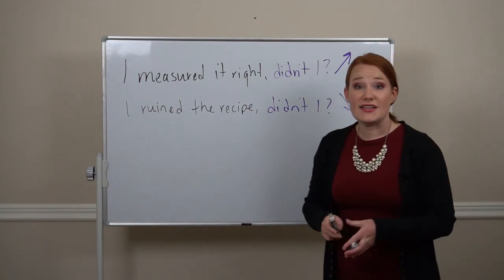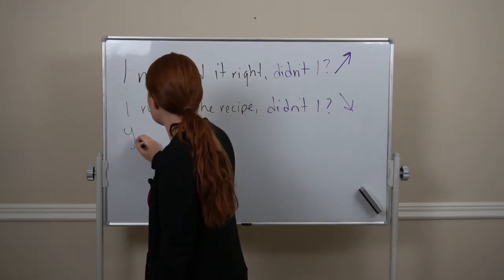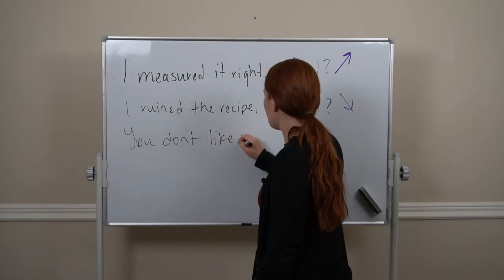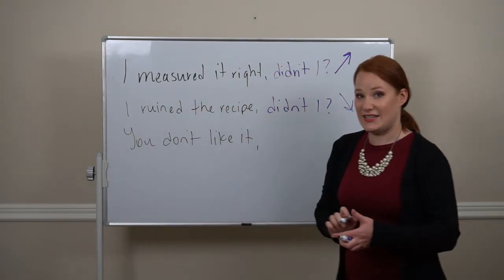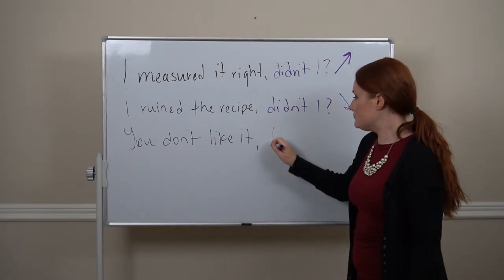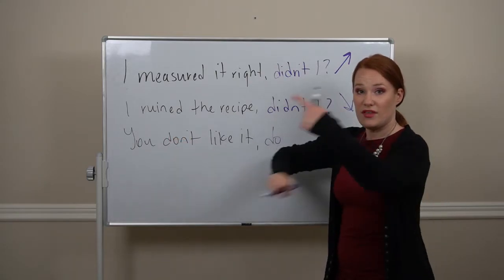If our original statement is negative, like you don't like it, our auxiliary verb is already here, do. And this is negative. We want the opposite.